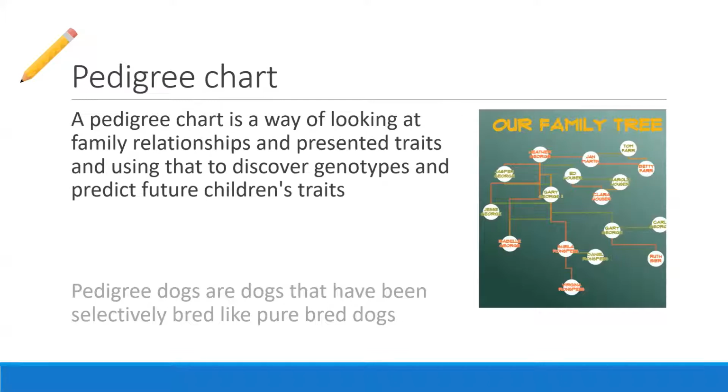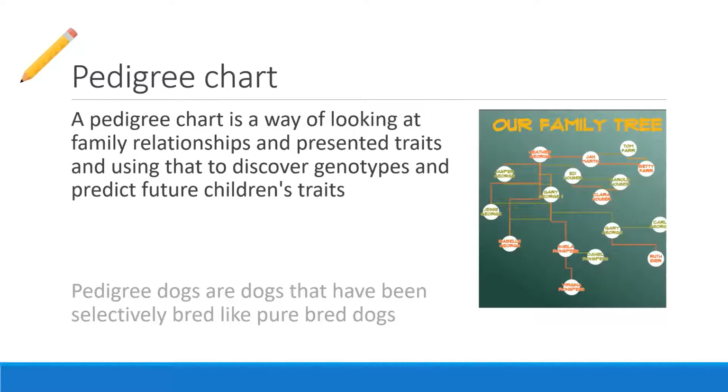And we use pedigree charts all the time to figure out what's going on, what are the likelihoods of certain things. Now, because of pedigree and genetics, it can be that you might have a particular trait, but your parents don't. But you might have an auntie or an uncle or a cousin that also has that trait. And that trait might be hidden in your parents' DNA.